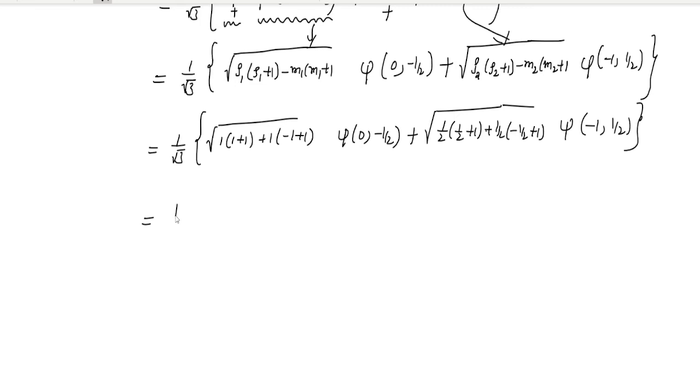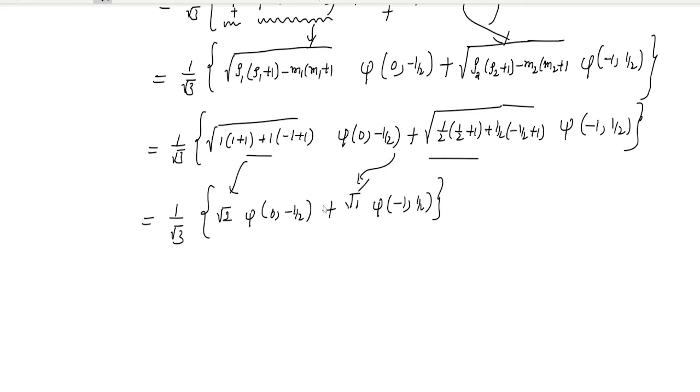Equal to 1 divided by root 3, root of 2. Okay, 0 minus 1 divided by 2 plus this one, 1 wave function psi minus 1 and 1 divided by 2. By simplifying these things, we can get this is root 2, this is root 1.